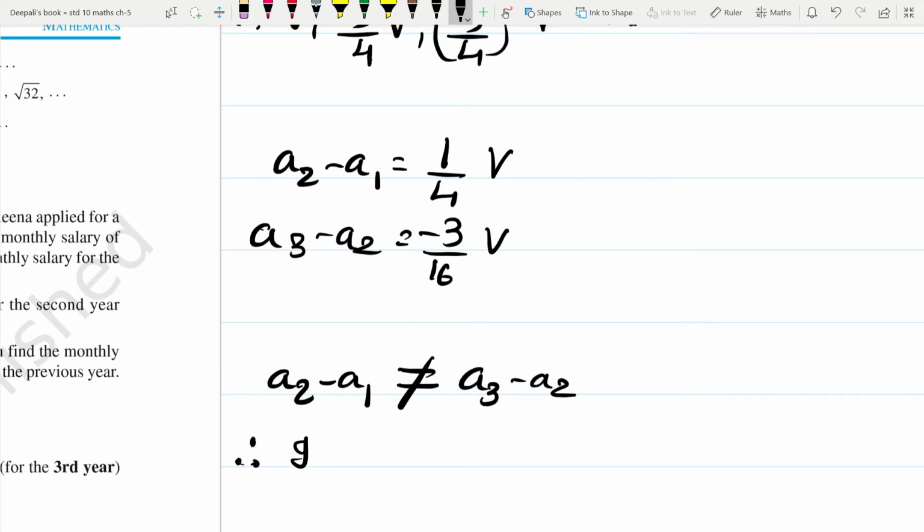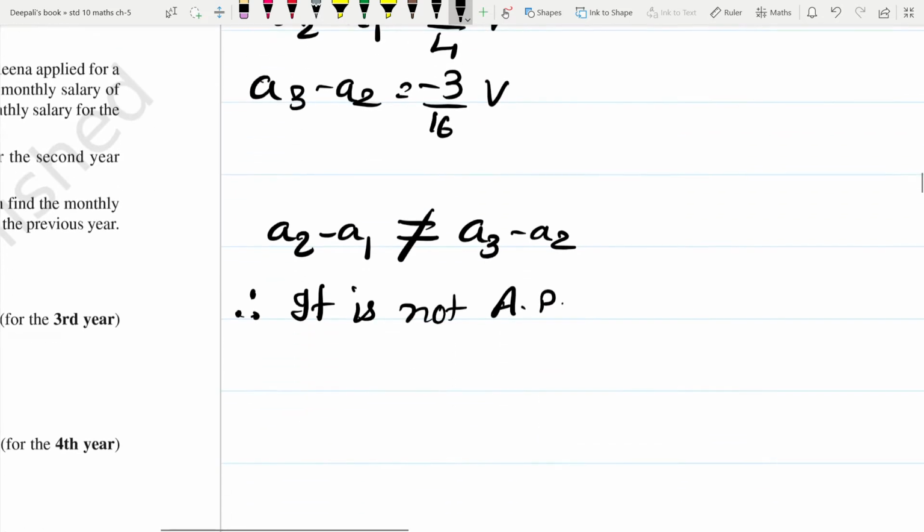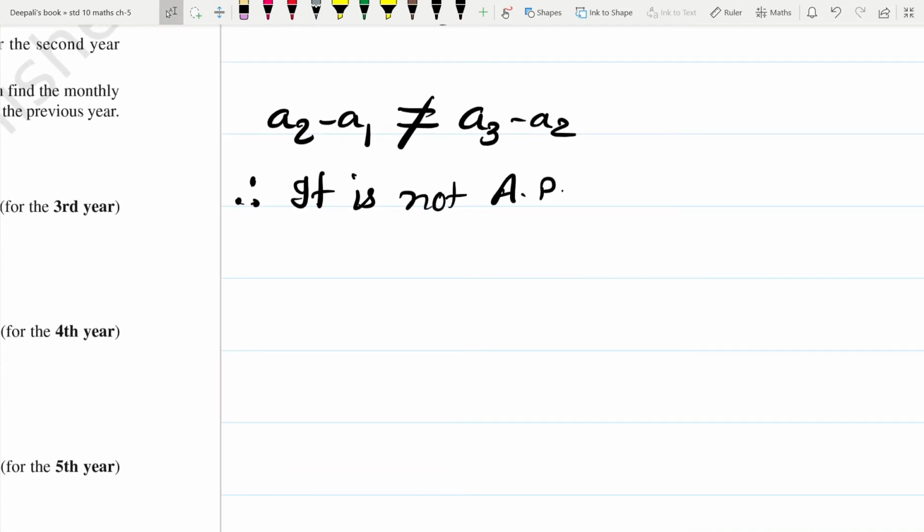Therefore, it is not an AP. Is this clear? Now let us see the third one.